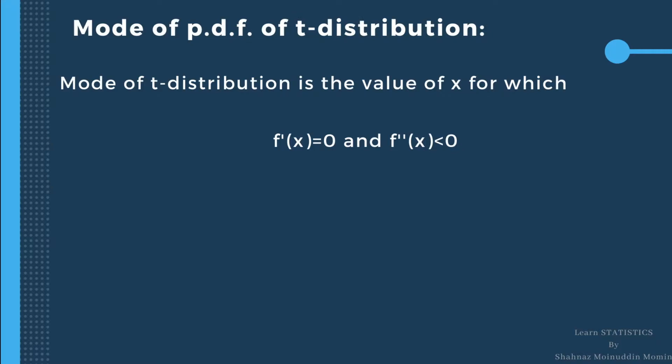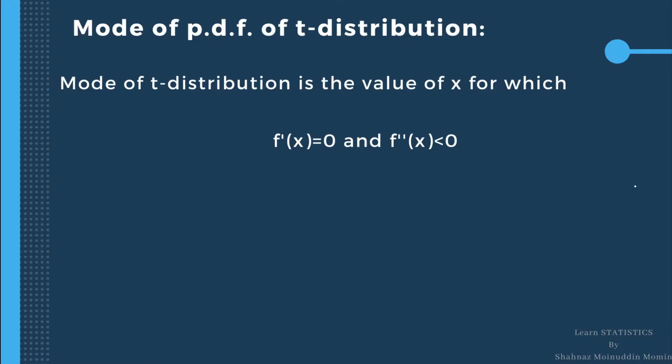Mode of t-distribution is the value of x for which f dash x equal to 0 and f double dash x less than 0. We know that mode is the value of x for which the distribution has maximum value.